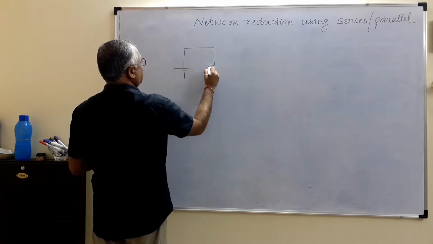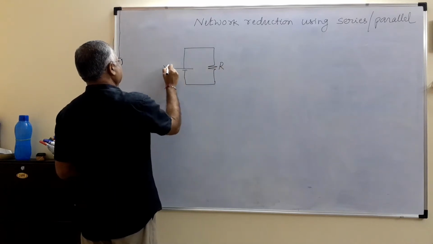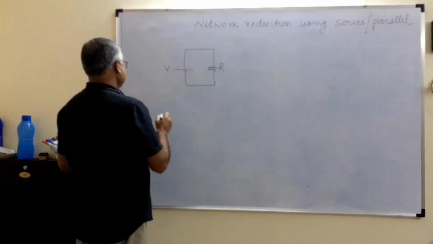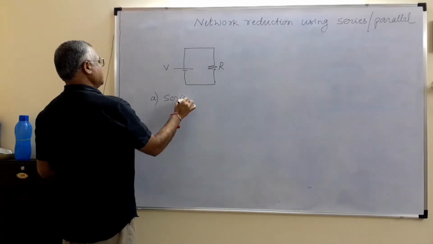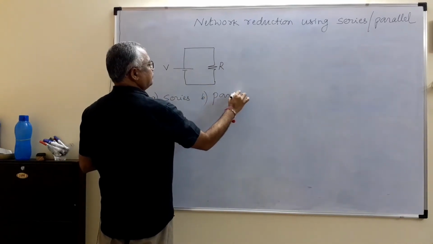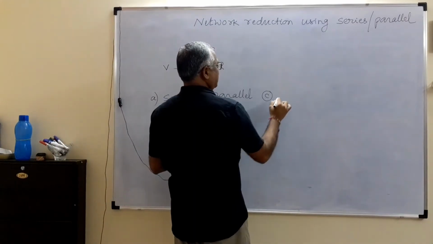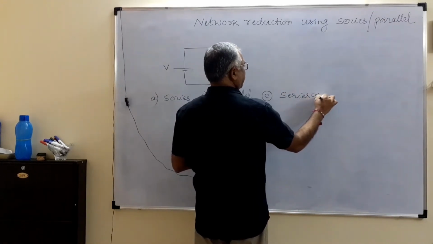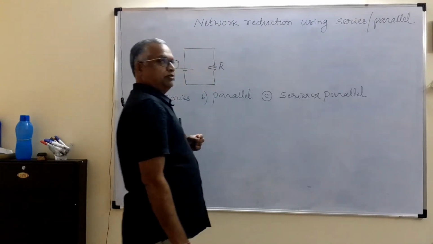Now if you look at this example, how are these two connected, resistor R and V? If I ask how these two are connected, some will answer they are in series. Some will say parallel. Some will think series and parallel.